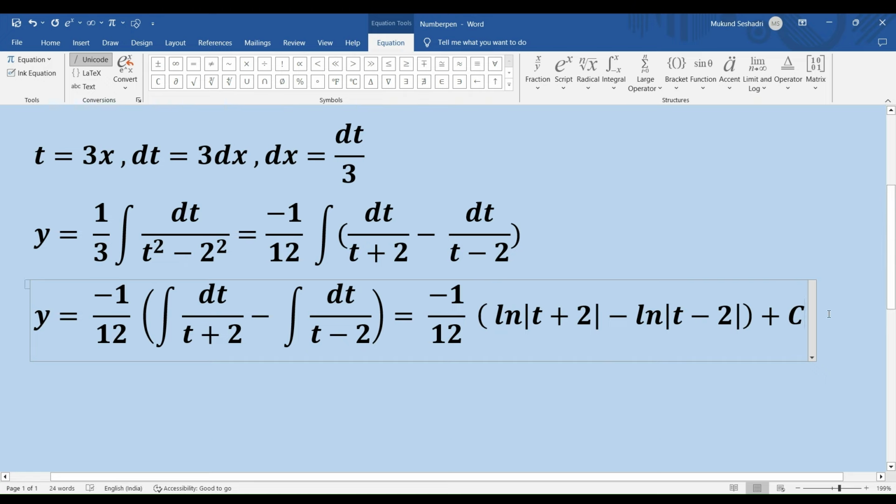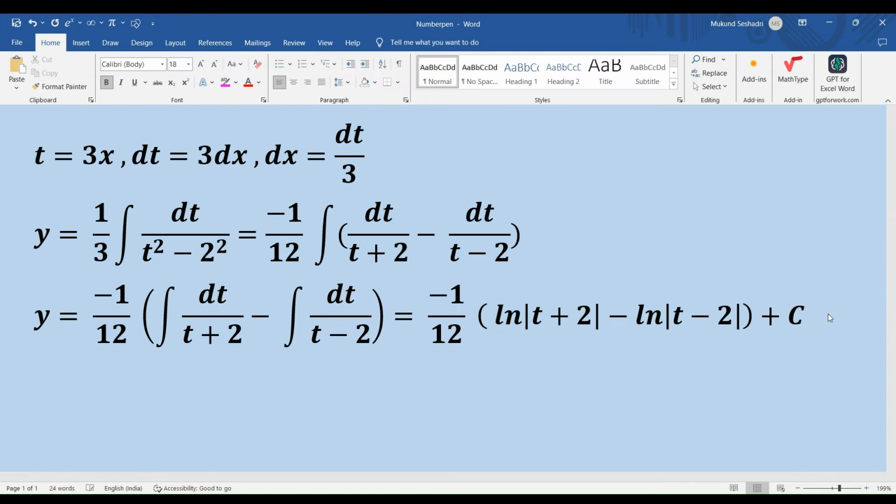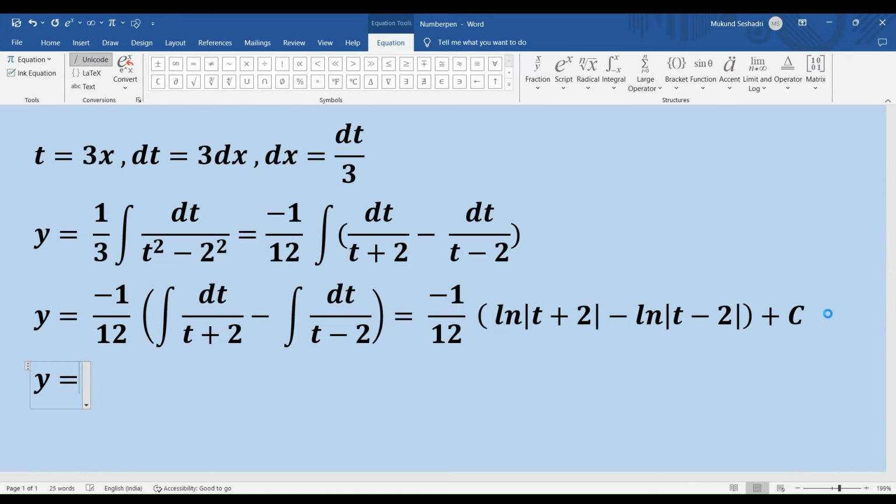Now I'm going to do a little bit of rearrangement here, and then again use one of the logarithmic identities that we are quite familiar with. So I'm going to take this minus sign inside, which means my answer to this problem is ln of mod of t minus 2 minus ln of mod of t plus 2, right?